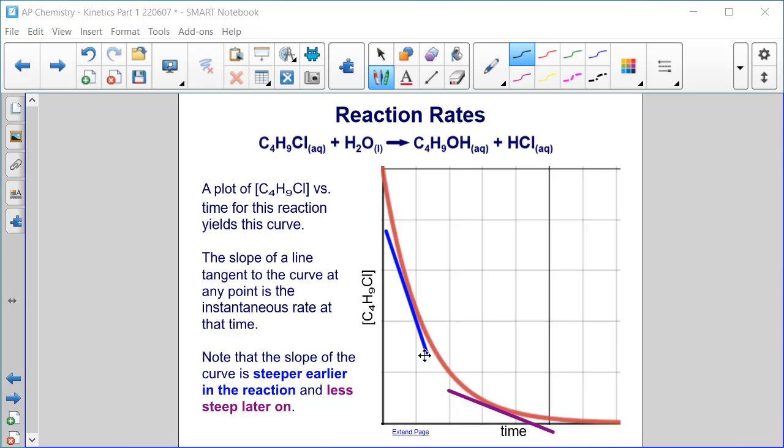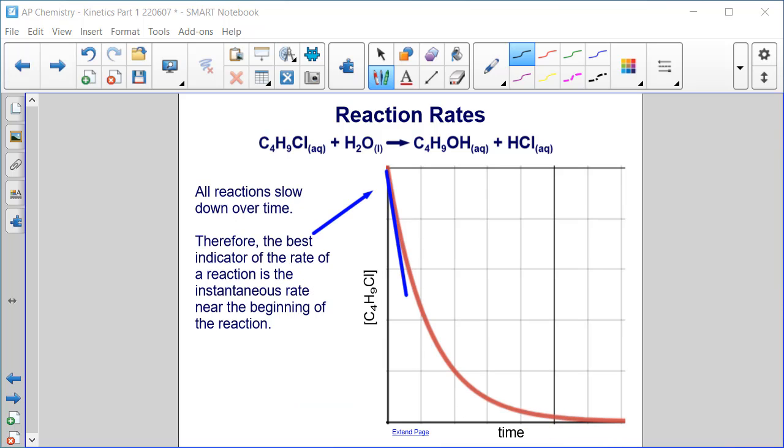So the slope of the curve is steeper. This blue line is much steeper earlier in the reaction. And as time moves forward, the slope of a line tangent to the curve becomes less steep later on. All reactions slow down over time as the concentration of the reactants decrease.